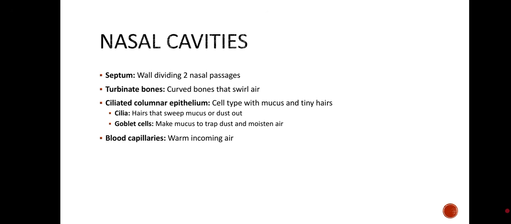Okay, then after that we're going to the pharynx. The pharynx is a throat area where our nose and our mouth meet. So the nasal cavities open up into the pharynx. The pharynx leads to two openings: the glottis, which leads to the trachea, and the opening that leads to the esophagus.